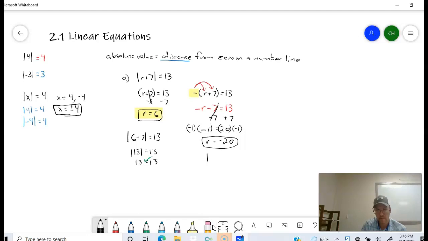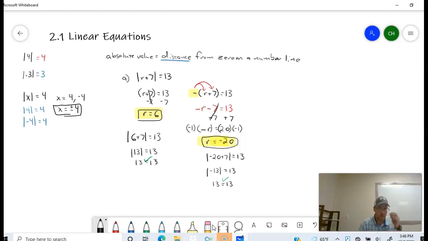It's the absolute value of negative 20 plus 7 equals 13. I skipped down to where I dropped the absolute values. All right, so combine my like terms. Negative 20 plus 7 is negative 13. Then I get 13 is equal to 13. That is true. Therefore, negative 20 works as a solution.